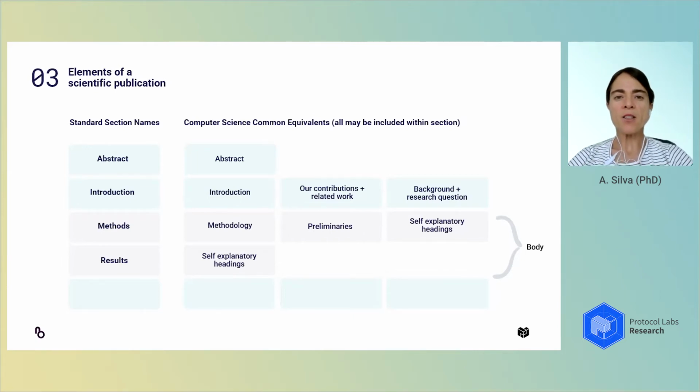So there's room for a lot of, I'm not going to say personal organization, but optimized organization of contents with these self-explanatory headings, but it comes with that cost. So really spend some time getting them right.